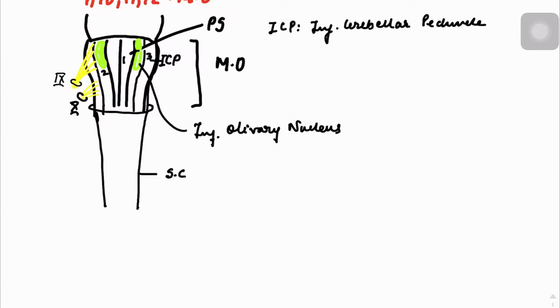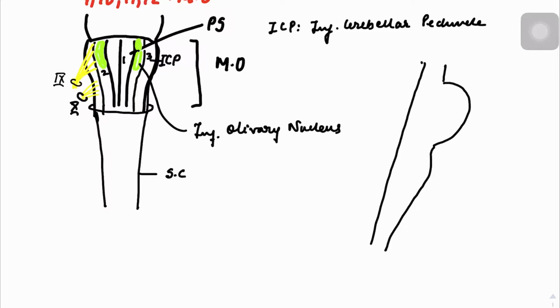Now if I show you this on the lateral view, it would be like this. This is my midbrain, that's my pons, and that small swelling with continuation is the medulla oblongata. Now this is my track for the CSF, that's the 4th ventricle, and this one is the central canal.